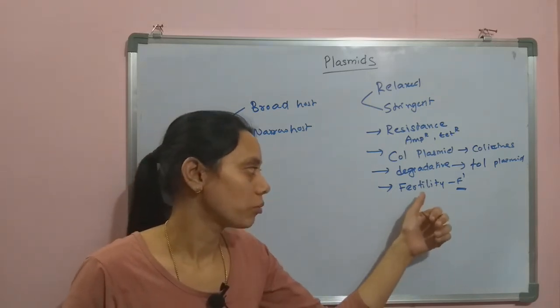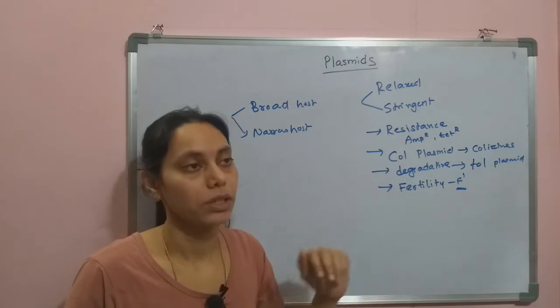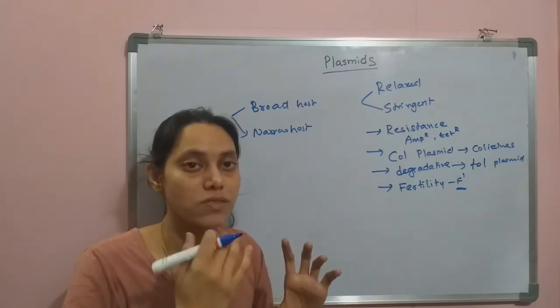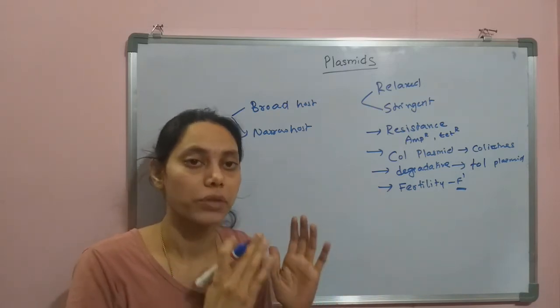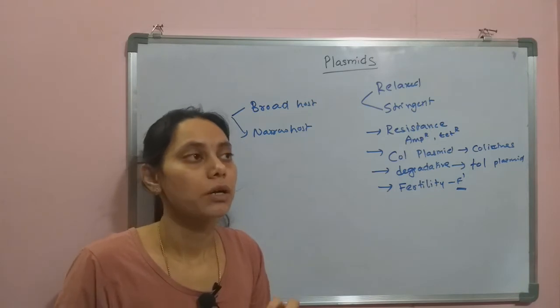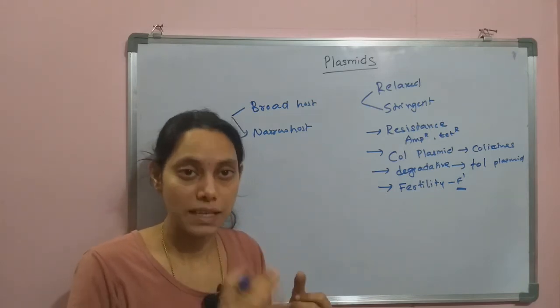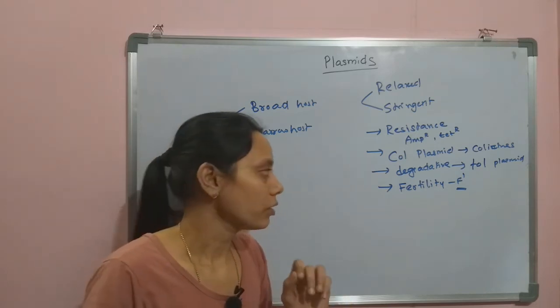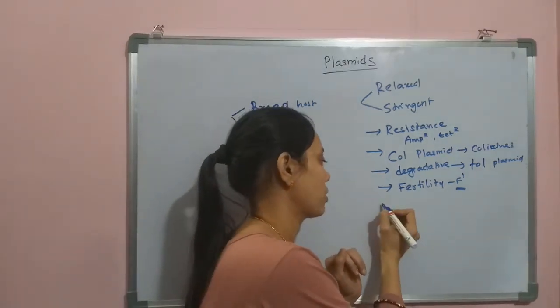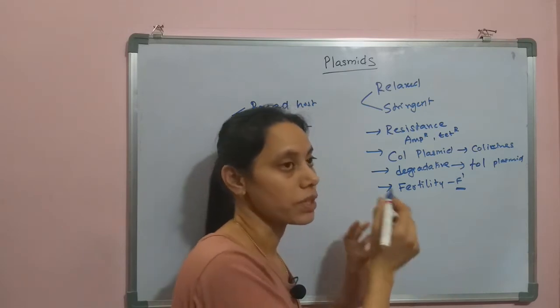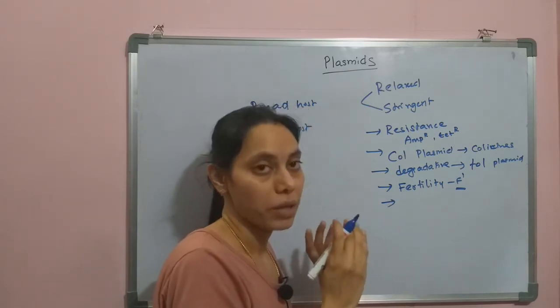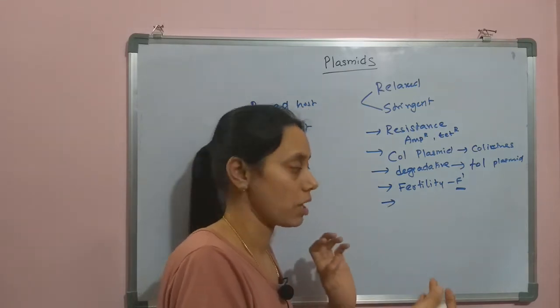Because of this fertility plasmid, the plasmid can transfer itself from one bacterium to the other by producing proteins like transfer proteins, sex pili, and all. So these are the fertility plasmids. They help the plasmids to be exchanged between bacteria.